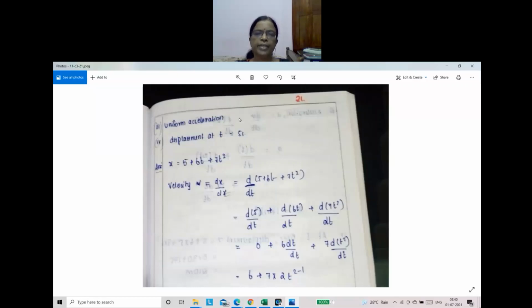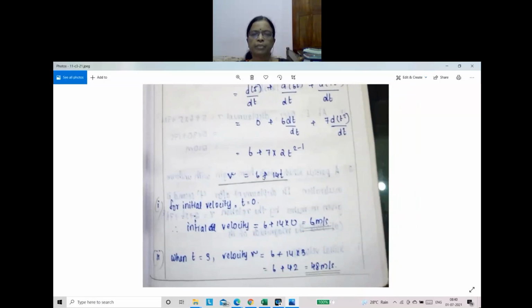There is a short form of that. What is it? In terms of derivative, dV by dt. Very good. So you have to find dV by dt. V is this. All of you find dV by dt, children. Acceleration a equal to dV by dt.